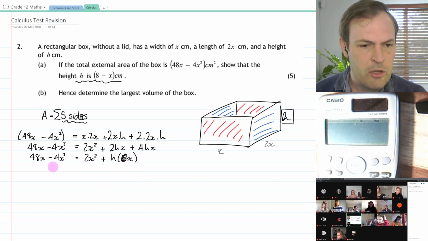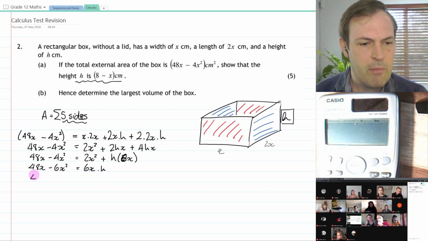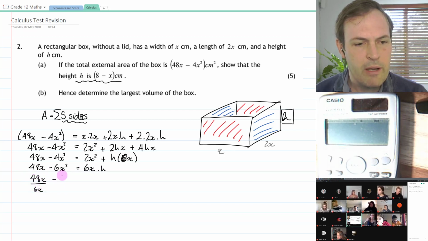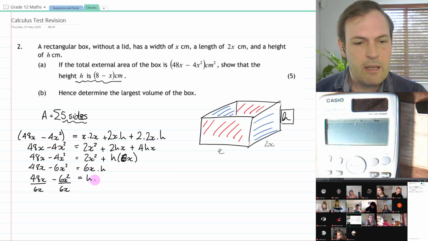So let's take the 2x across. So that's going to be 48x minus 6x squared is equal to 6xh. Divide this all by 6x. That's going to give me 48x over 6x minus 6x squared over 6x, and that leaves me with h.